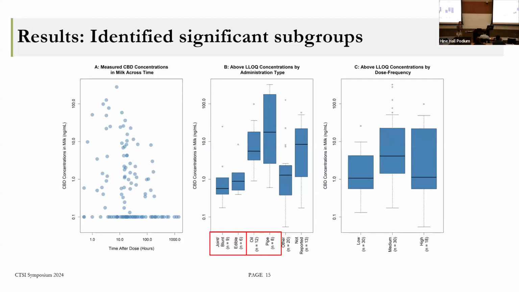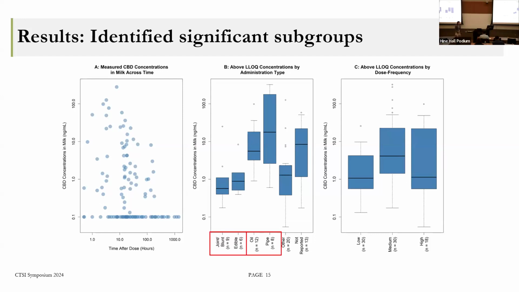We looked at the time after dose, the administration types, and the dose frequency and interactions, meaning that, let's say, if dose frequency had an interaction with administration type, then maybe only a joint is significant if it was at a high frequency of use, for example. That's sort of what the thought is.